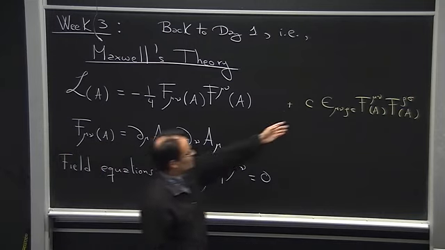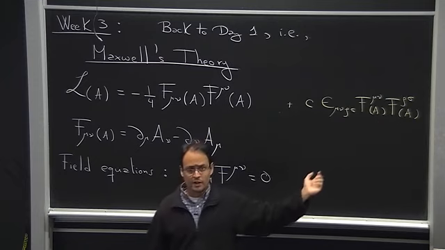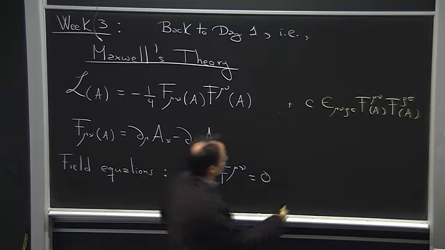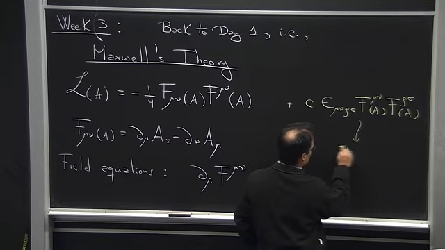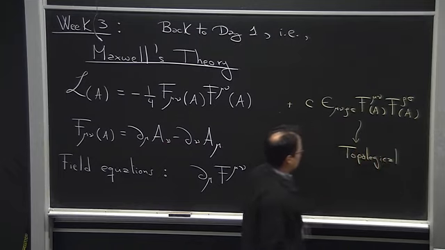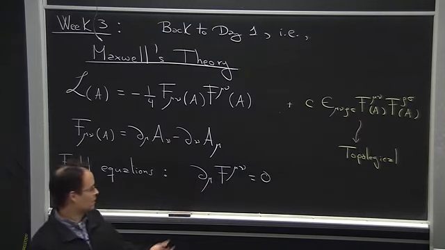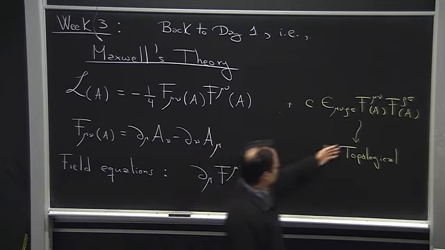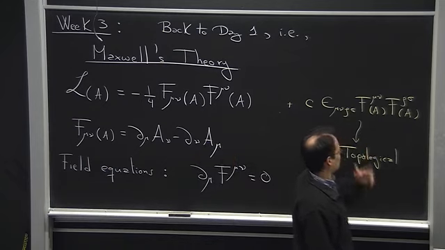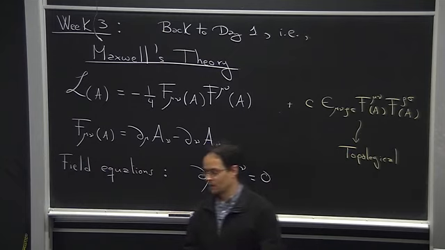So terms that you can add that have this form, which do not affect the field equations, are called topological. And they play a role when you have to consider configurations for the field that have some interesting properties that we will not get to discuss in this course.